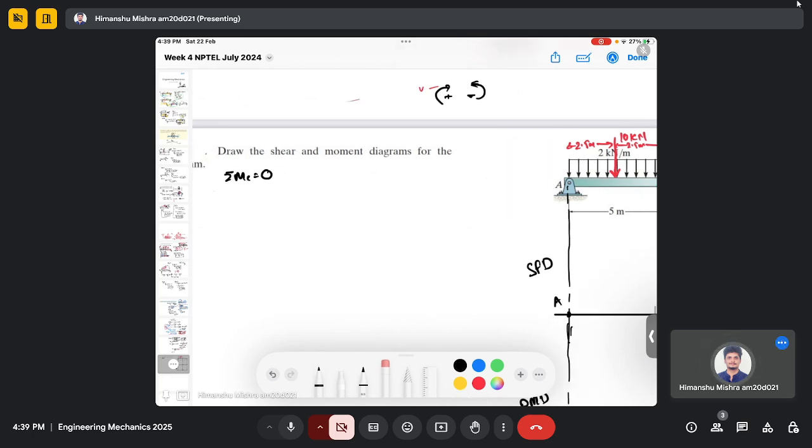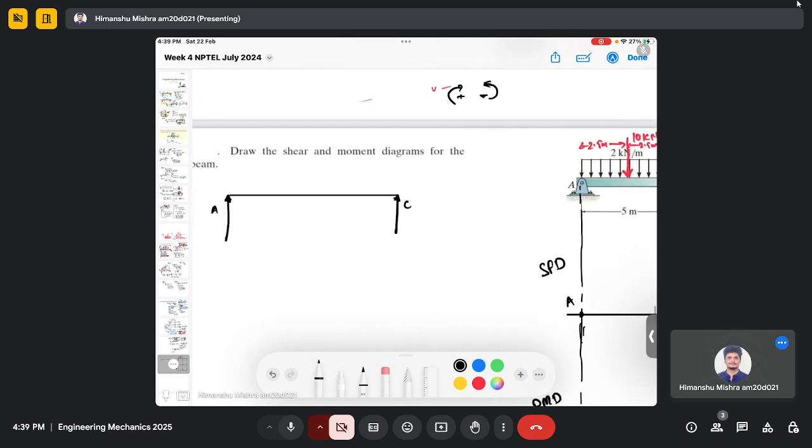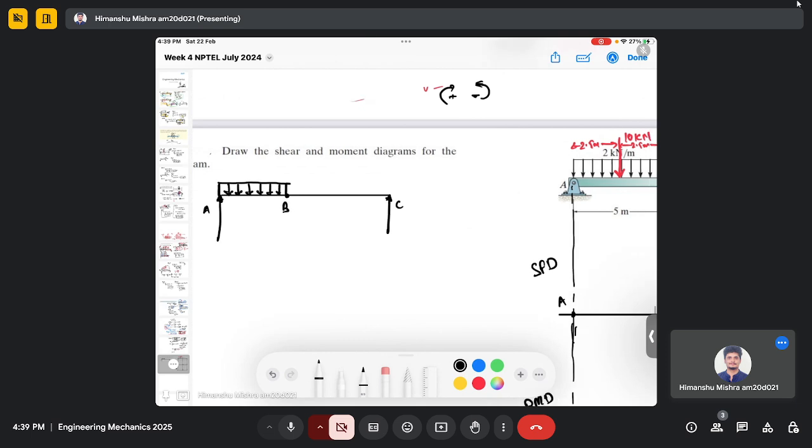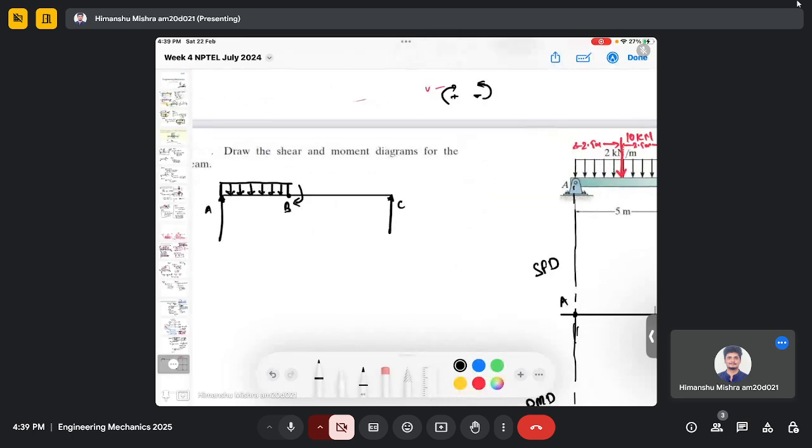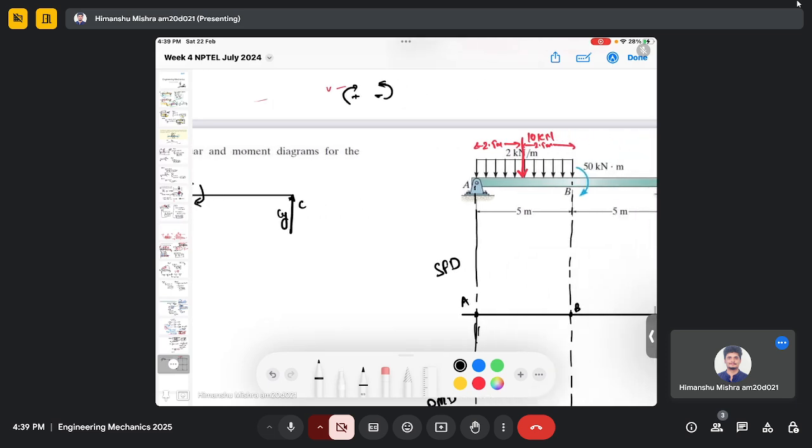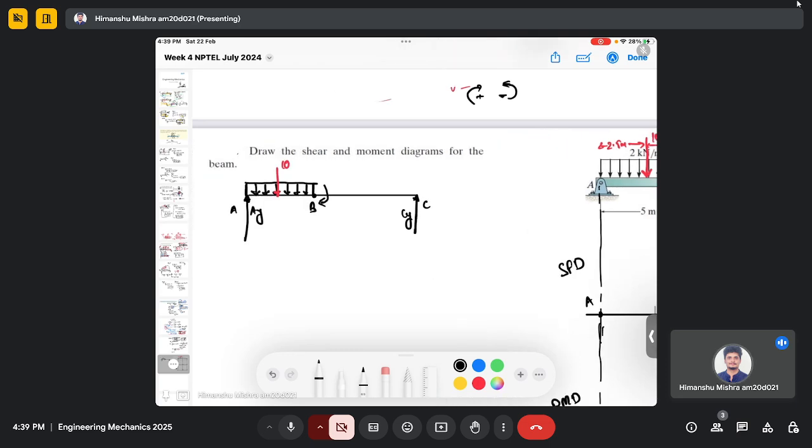So let me make a free body diagram first. A, this is C, so this is 2.5 and this is 5 meter.